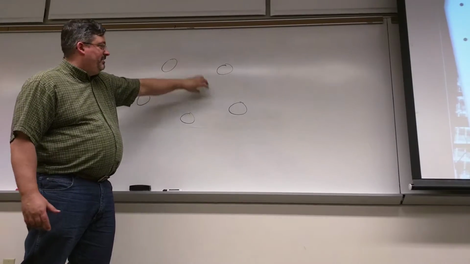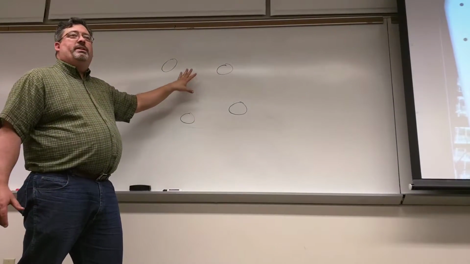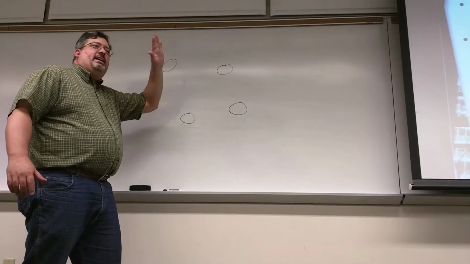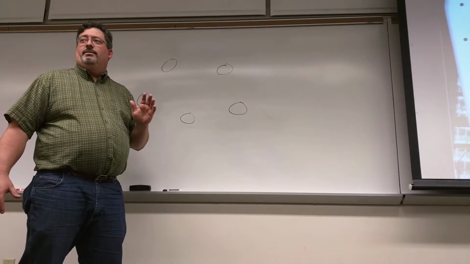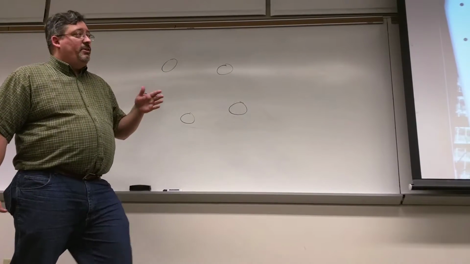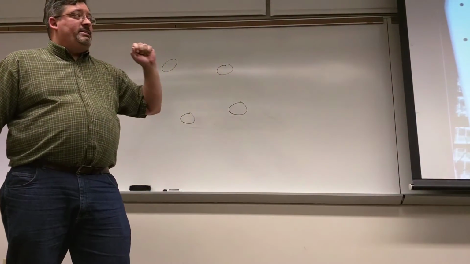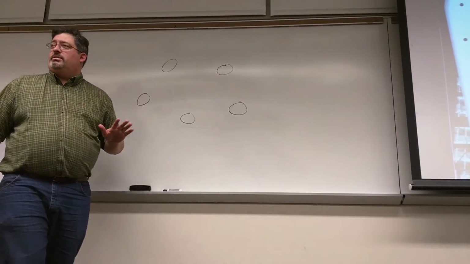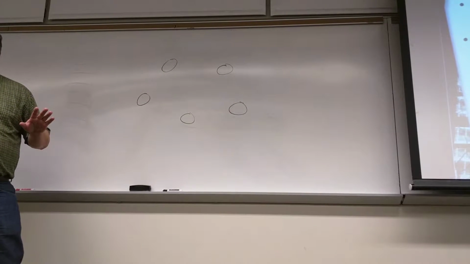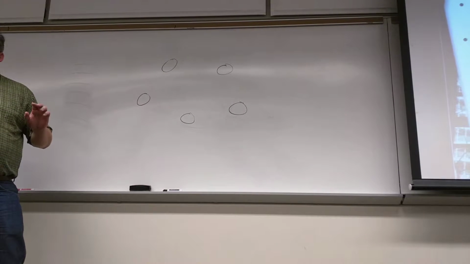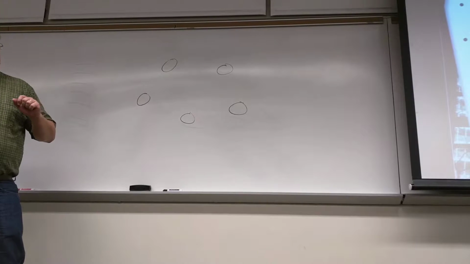I need one here, here, and here. There's 4. I'm going to need at least 4 edges. I can't get away with less than that. Right? So that's what this is saying. A connected undirected graph with n vertices has to have at least n-1 edges to be connected. All right? Hopefully you're convinced.